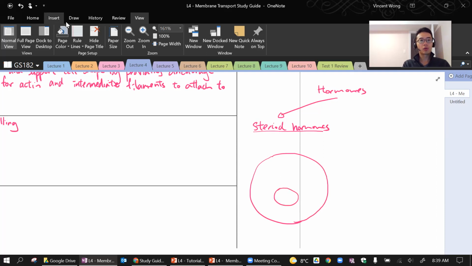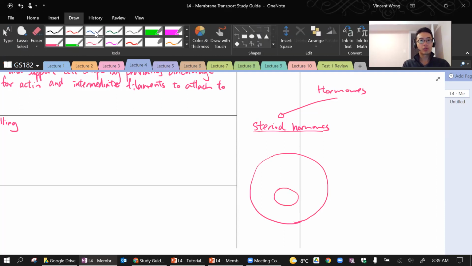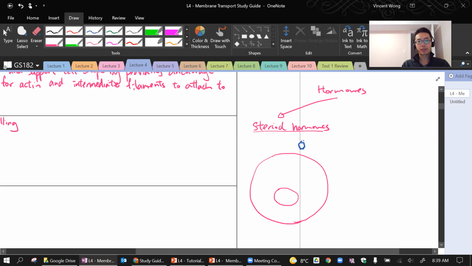The steroid hormone, I'm just going to do a blue dot. Steroid hormones will go right through the cell membrane and directly into the nucleus, and then change gene expression.